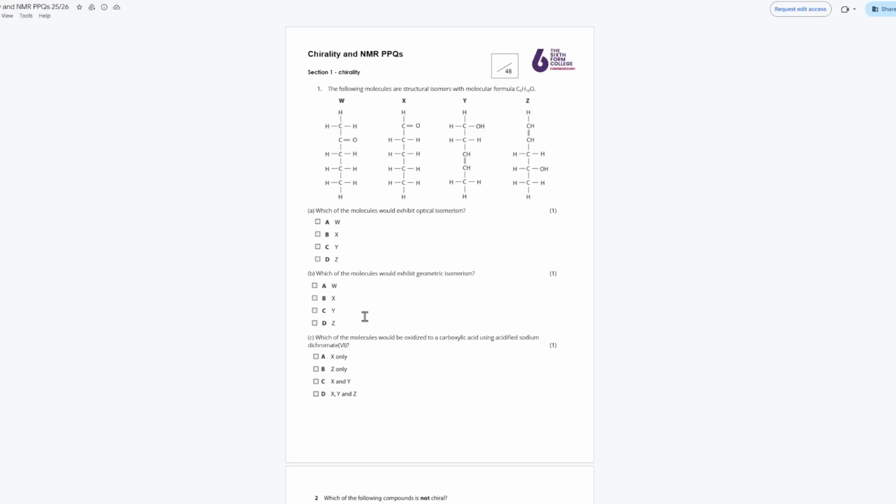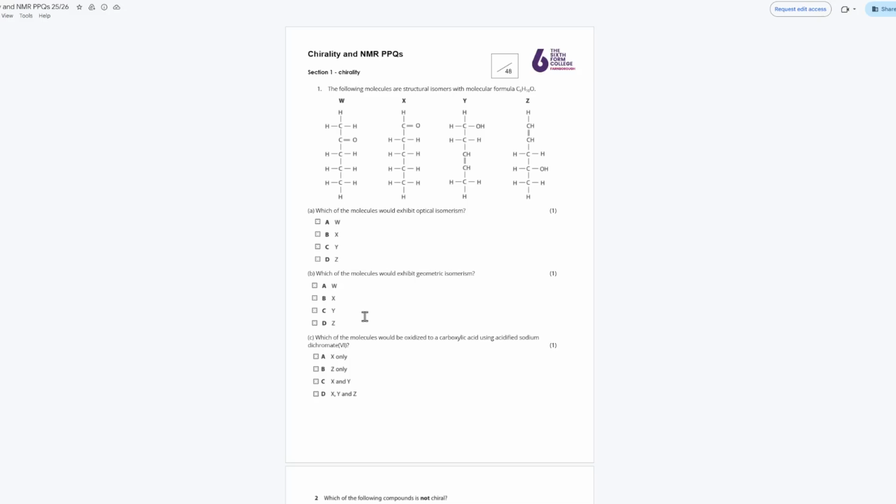Aldehyde is a primary alcohol. What am I saying? We're looking for the one that is a primary alcohol, I think. So I think we're looking for Y. I think only Y? Oh, that's not an option. So I'm wrong.